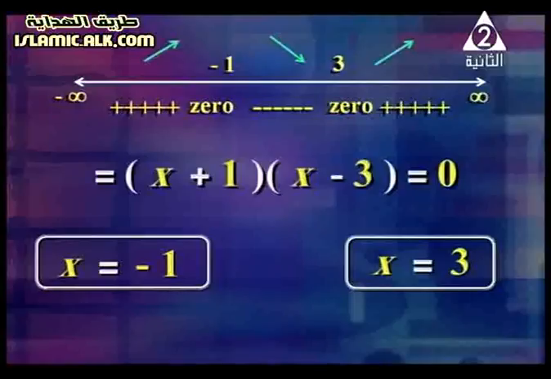Remember, dear student, the behavior of the function starts increasing from negative infinity to negative 1, then becomes decreasing from negative 1 to 3. After that, it becomes increasing from 3 to infinity, open interval.